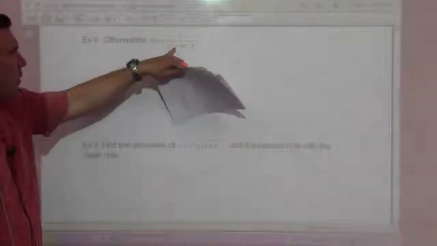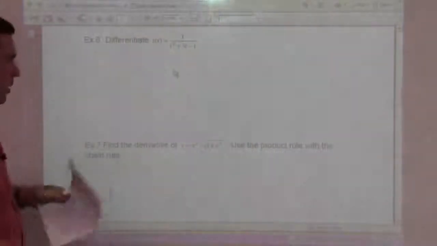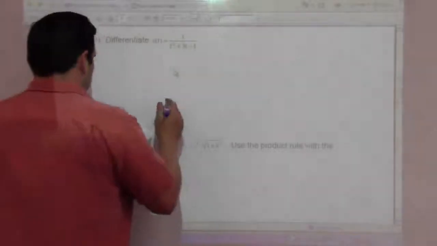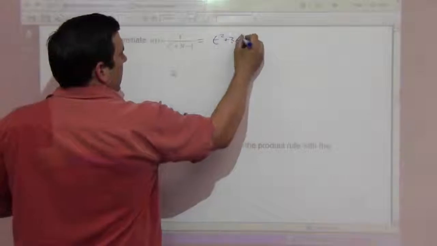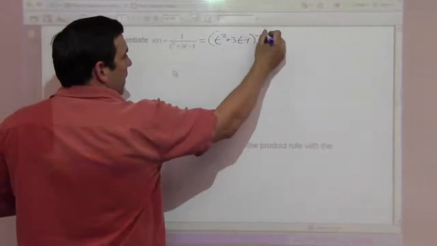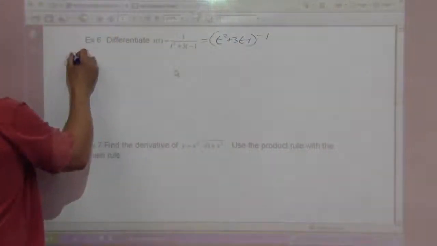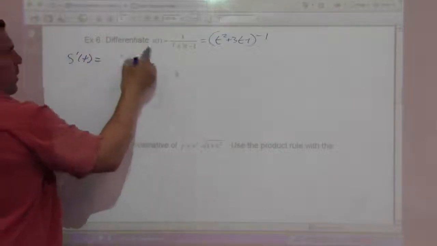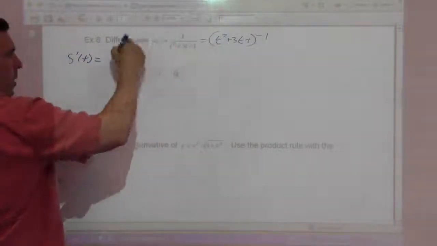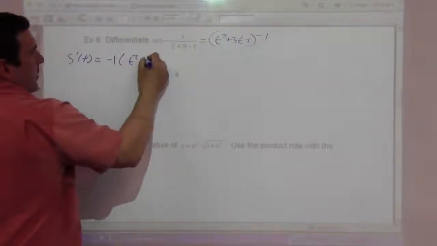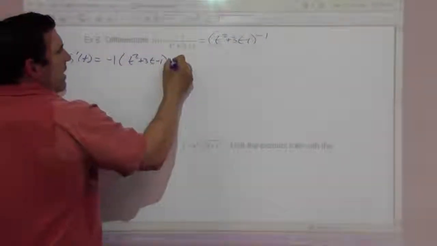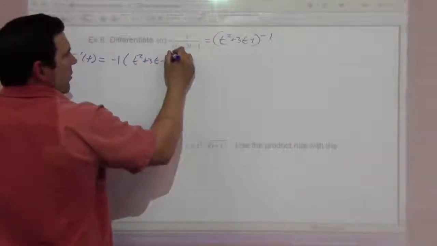Differentiate. S of t equals 1 over t squared plus 3t minus 1. So this could be seen as t squared plus 3t minus 1 to what power? The negative 1 power. Very good. So S prime of t is going to be what? Power comes up front, negative 1 times t squared plus 3t minus 1 to the negative 2 power.